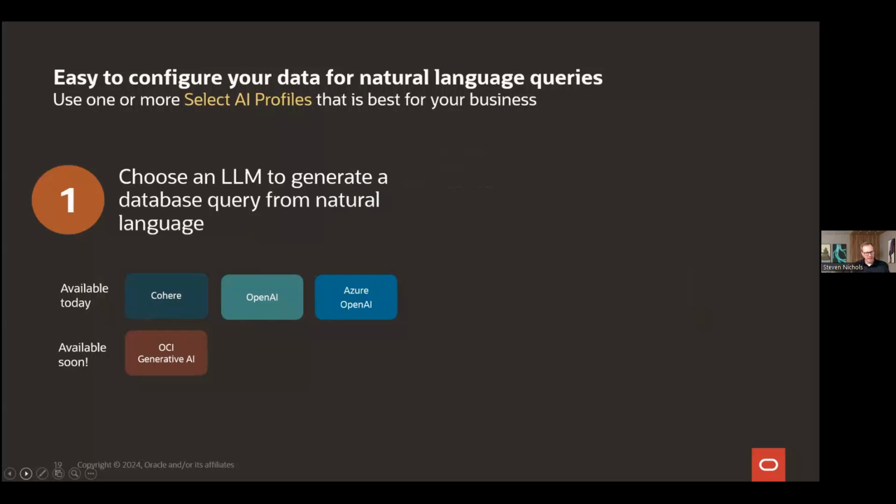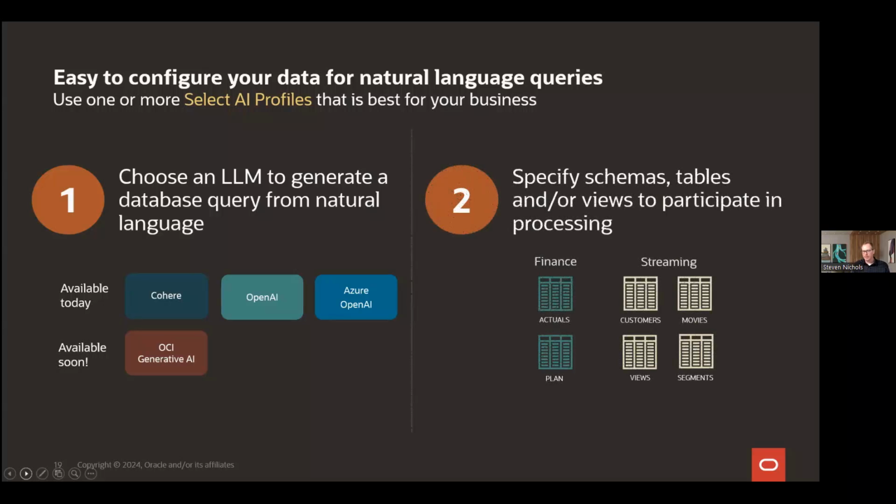OCI GenAI is coming soon, if not now, but it is coming very soon, to be able to run your Select AI statements leveraging OCI GenAI. Then you take that and associate those AI providers and large language models with data in your schemas and tables to come up with the results that you're looking for.